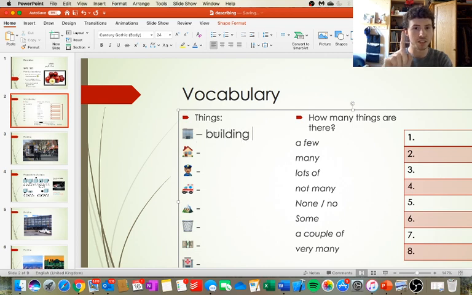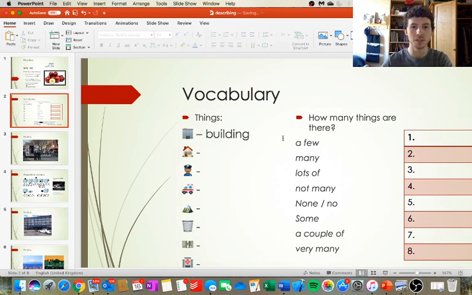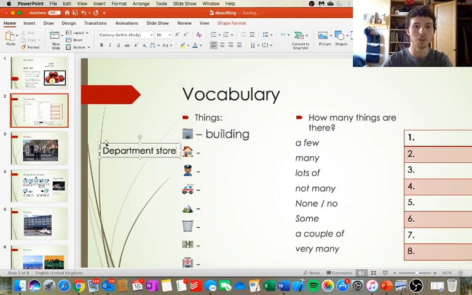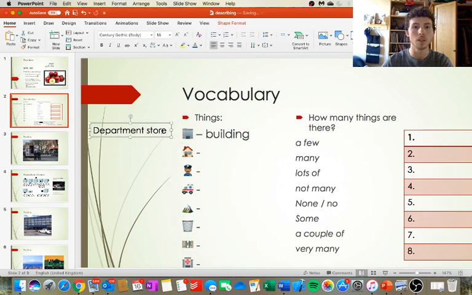Department, that's interesting. So maybe it could be a department store. But department store, bank, school, they are all buildings.